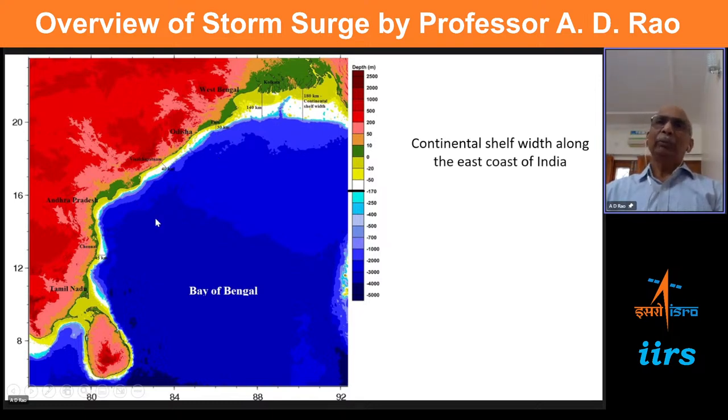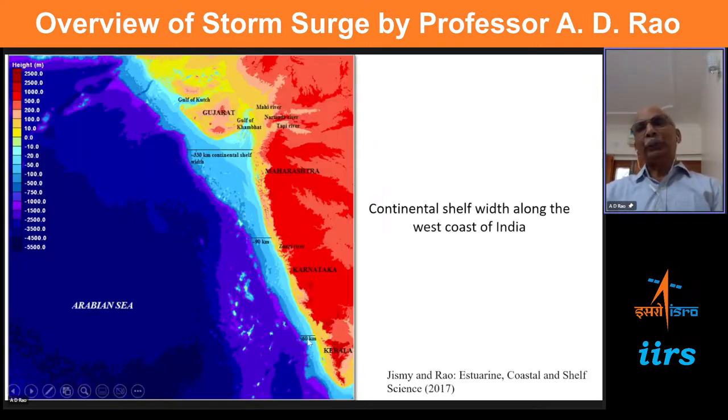Therefore, what I am saying is that for any numerical model which we want to develop, you have to check precisely whether the continental shelf width is properly represented in the model. That's very important. If you look at the west coast of India, this is very interesting.